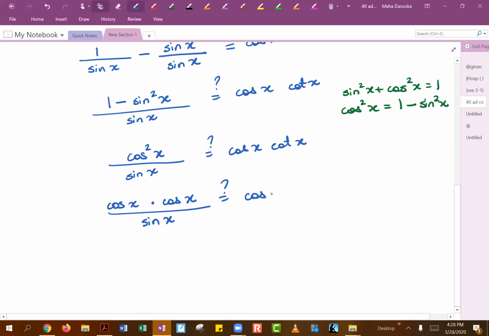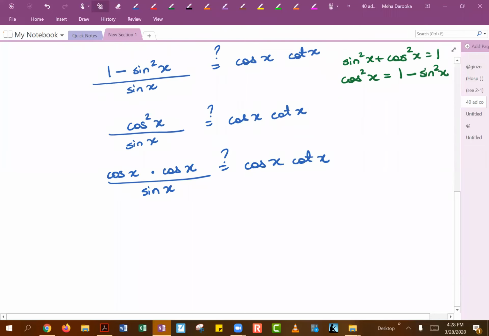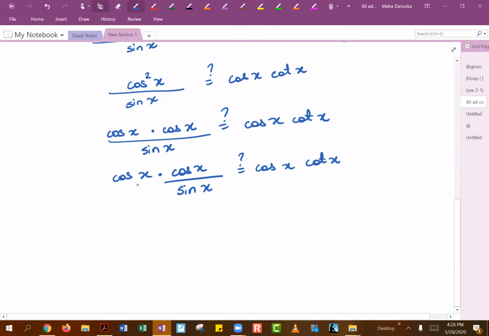But you know what you can do is just put that sine of x under the second cosine of x like this. And you can see why we're doing that. Because we need to have a cosine of x on the first part and a cotangent of x on the second part. So the first part, cosine of x, will stay as it is.